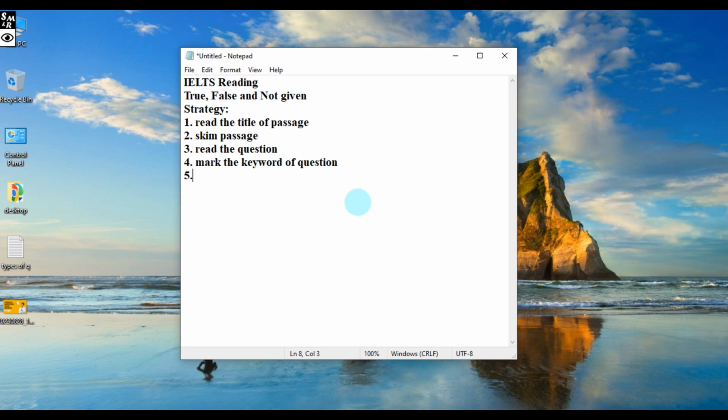And then in the fifth step, you need to identify the location of the keyword.